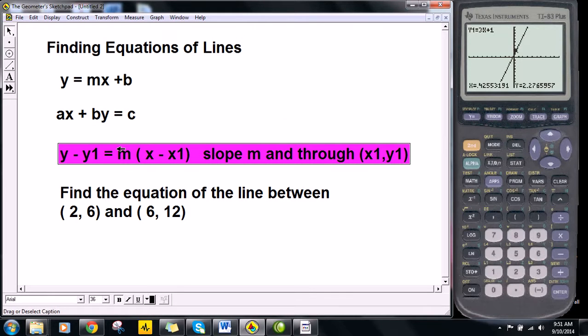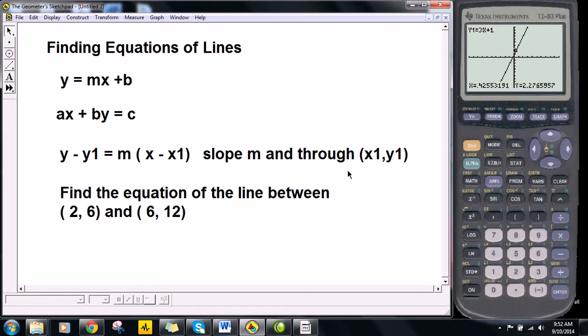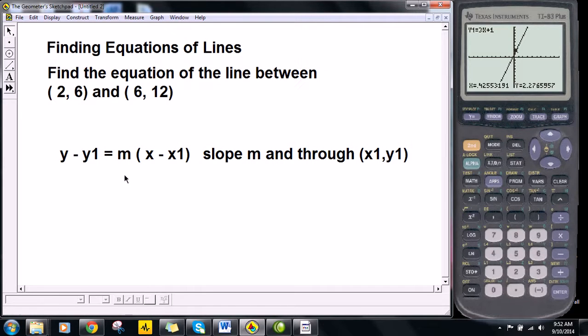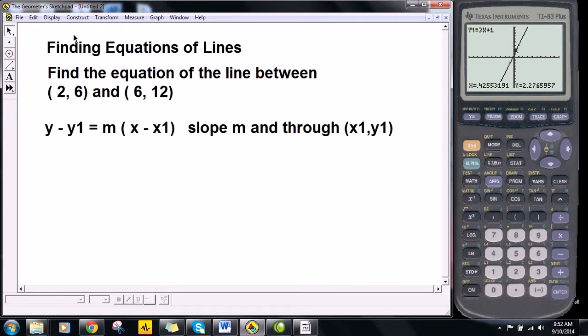I need to know the slope, m, and plug it in here, which I can get, and I need to know at least 1 point it travels through. But I have, in fact, 2 points this line goes through. So I'm going to find that slope, and I'm going to create a little more space here, put this problem I'm trying to solve up here, and I'm going to use this line.